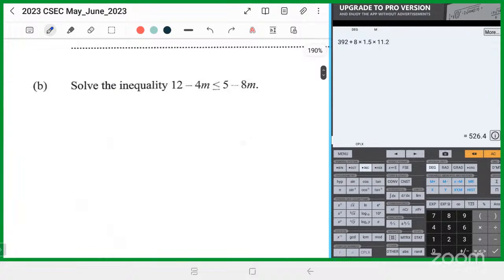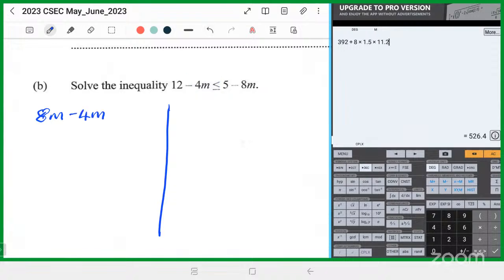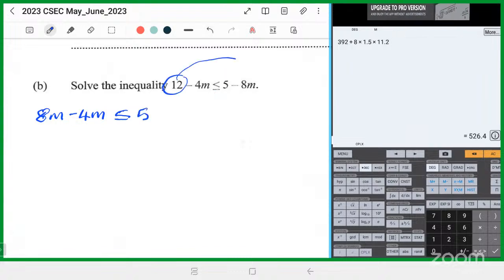In this first example, I'm going to group the M onto the left side and take this 12 and carry it over there. This minus 8M is going to come over here and become a positive 8M. This minus 4M is staying there. The sign stays less than because I never multiply or divide anything. This 5 stays 5, and this 12 goes over here and becomes a negative 12.